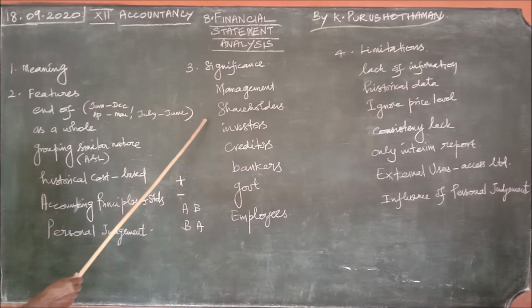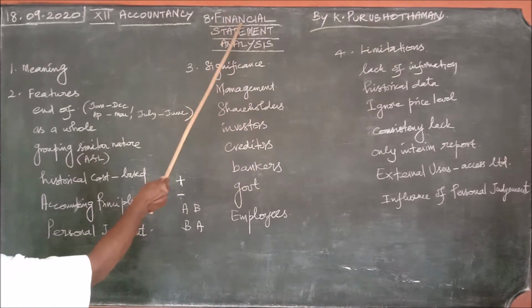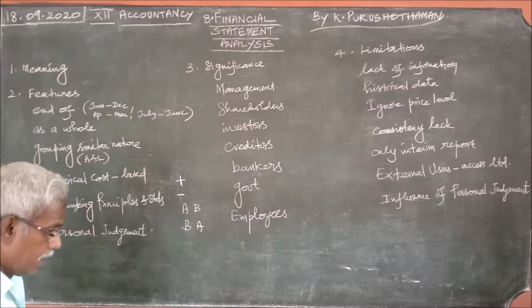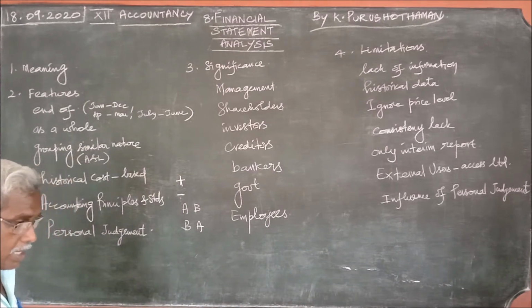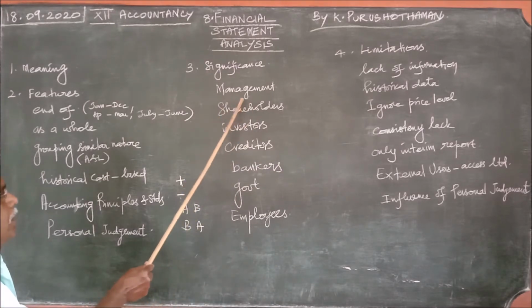So the shareholders will be informed from this financial statement. How will the shareholders get it? Because they are the persons who have invested the money in the name of shares. By buying shares, what do they get? The business gets money.